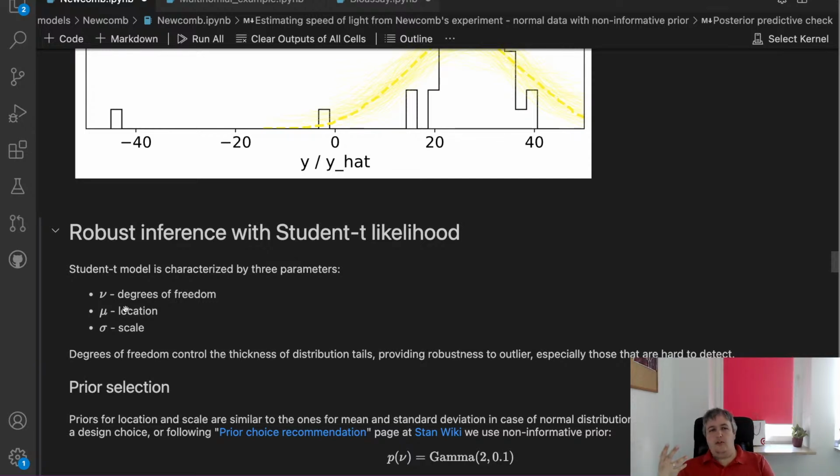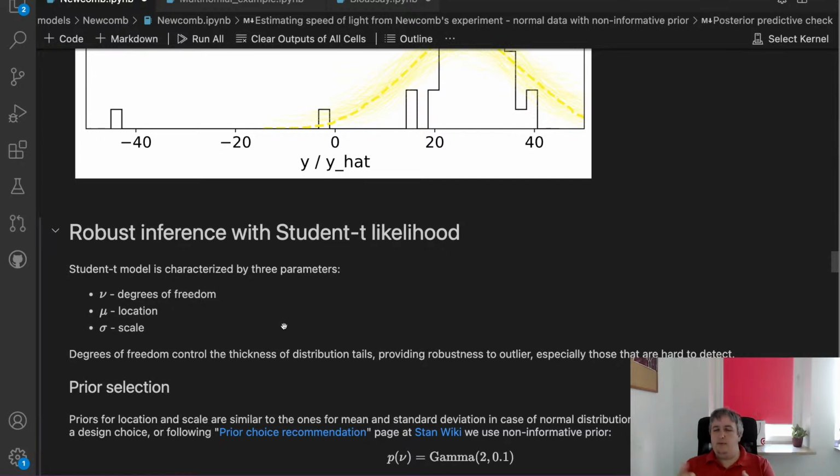Either way, when nu approaches infinity, the student t distribution becomes a normal distribution. However, if nu is small, the tails are heavier, with the extreme case of nu equal to 1, which is the Cauchy distribution, a notoriously heavy tail distribution.